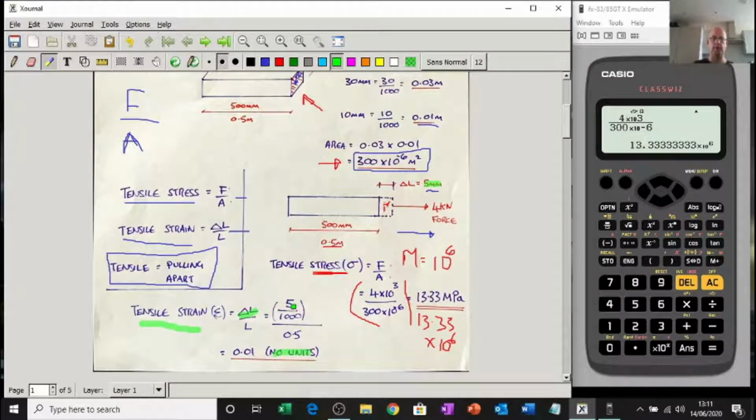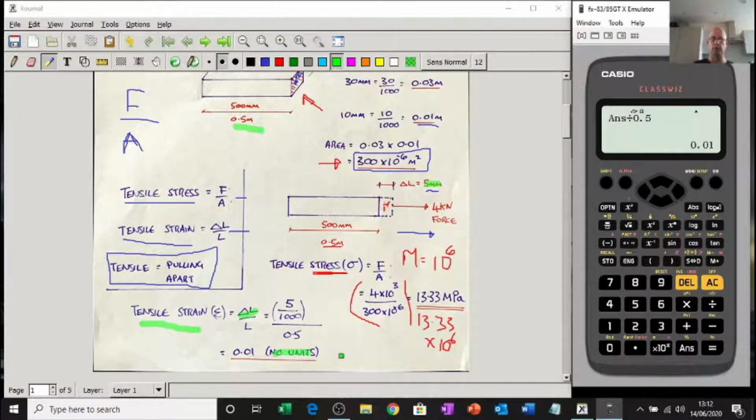So 5 millimeters, the change in length, is 5 divided by 1,000 meters, like we did before. That's 5 times 10 to the minus 3, divided by the original length, which was 0.5 meters. That's the strain: 0.01.